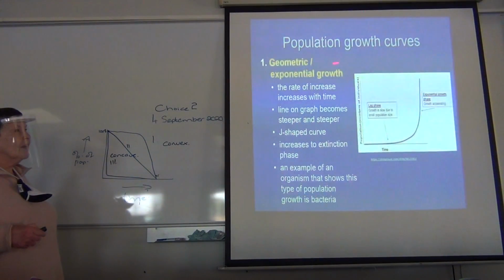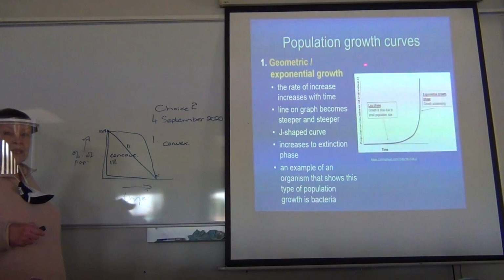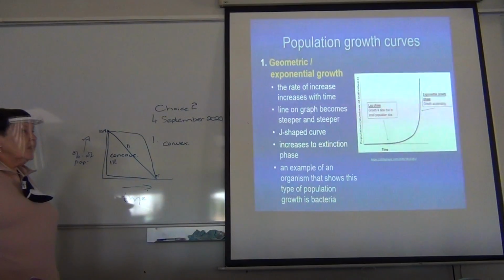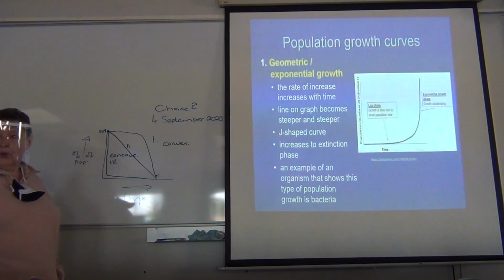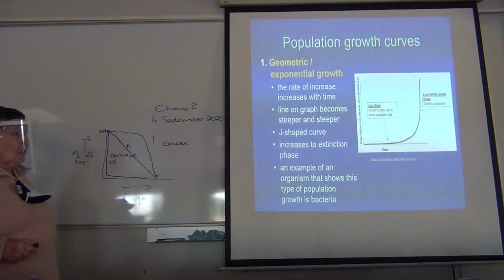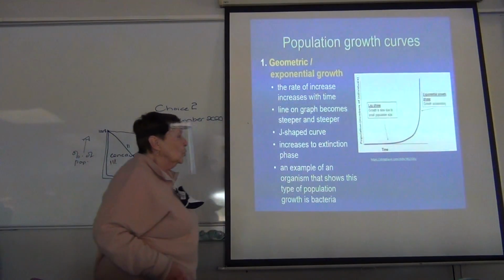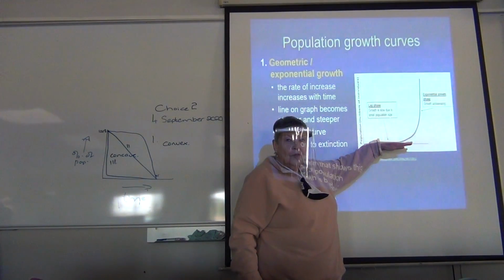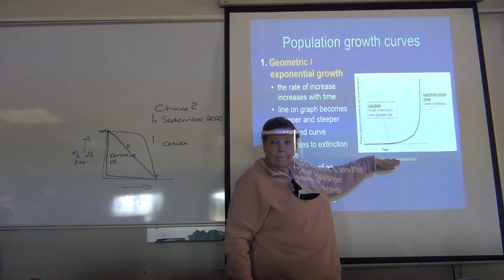Okay. Population growth curves. Know these. These are terribly, terribly important. And there are two different kinds of population growth curves. Okay. So this particular kind of population growth curve is called a geometrical exponential growth curve. And what it shows you is on this axis for a population growth curve is always time.